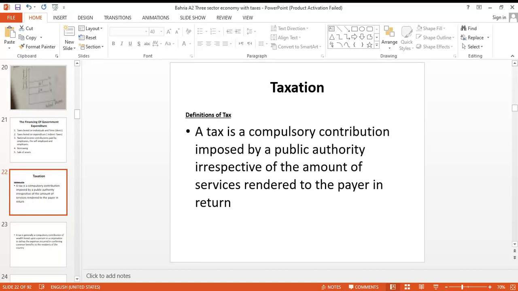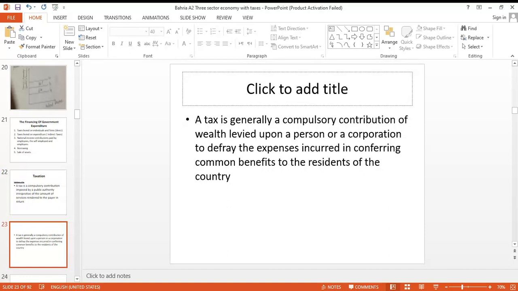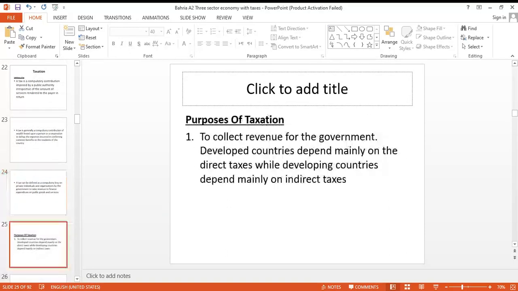All right. So, what is taxation then? Taxation is a compulsory contribution that you make towards the public exchequer, and the citizens spend this money. They give the tax in expectation of something that they will get in return. So, it is a compulsory contribution. The purpose of tax, there are various purposes of taxes.